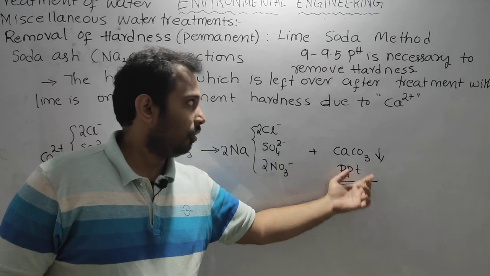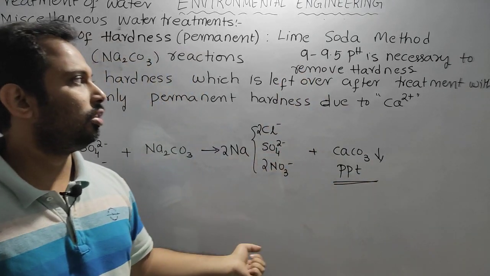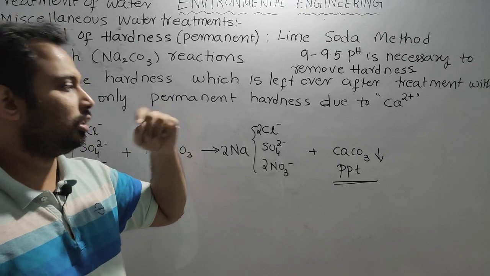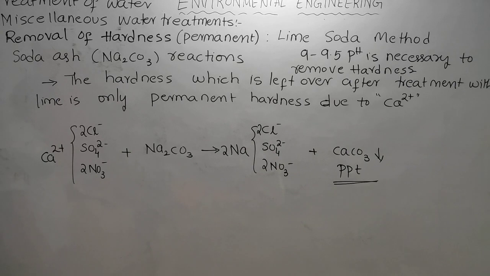So CaCO3 will be in precipitate form in this range of pH. So removing CaCO3, and in turn the hardness, is possible only when the pH is in the 9 to 9.5 range.